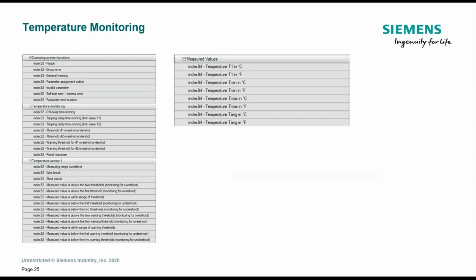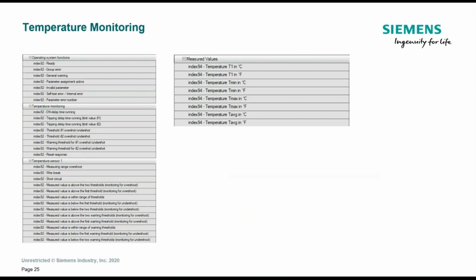For the one that has 3 temperature sensors, you basically will get the first operating system functions and the temperature monitoring. And then for each of the sensors, where here it's showing only temperature sensor number 1, you'll have those same values for sensor 1, 2, and 3. And for the measured values, you'd have all that as far as the min, the max, and the average in both degrees C and degrees F for all 3 sensors as well.